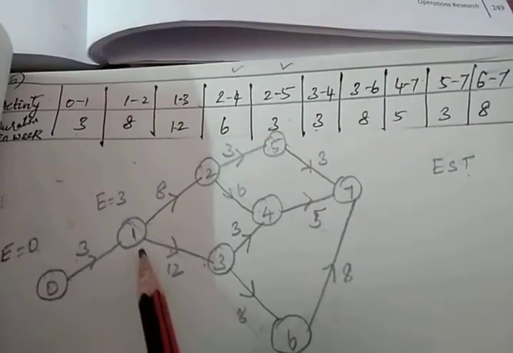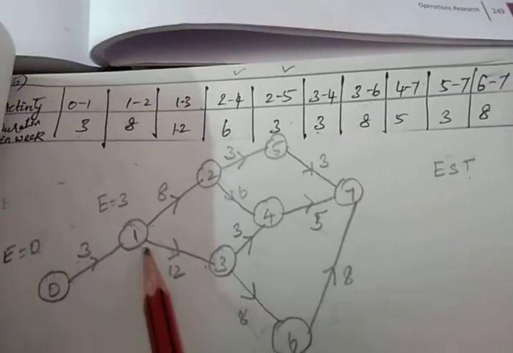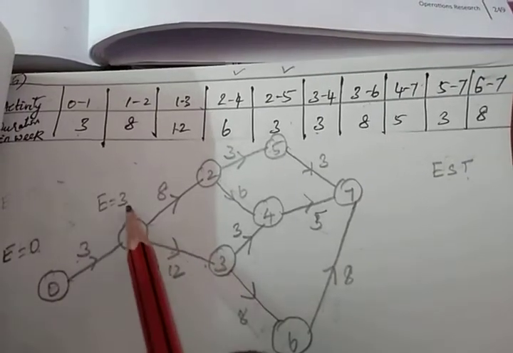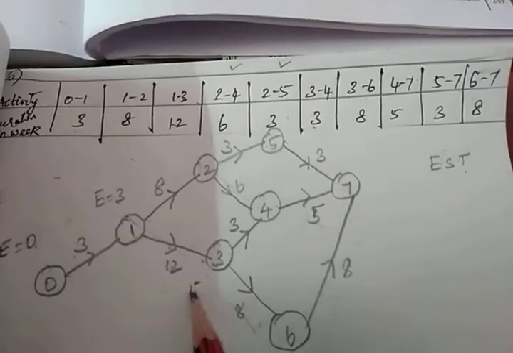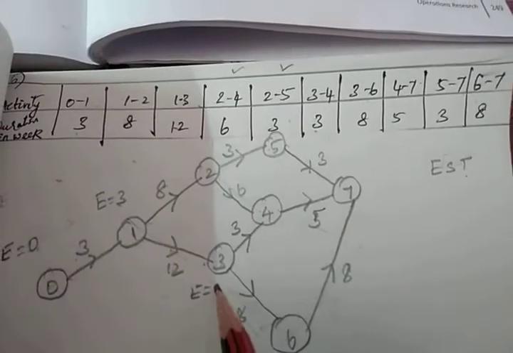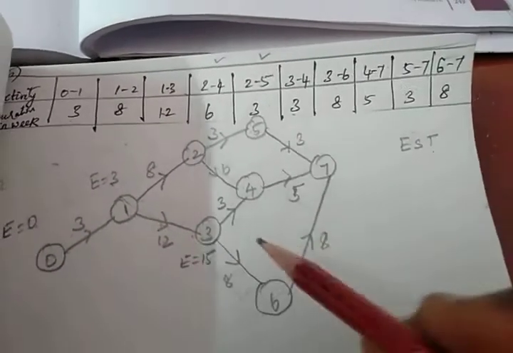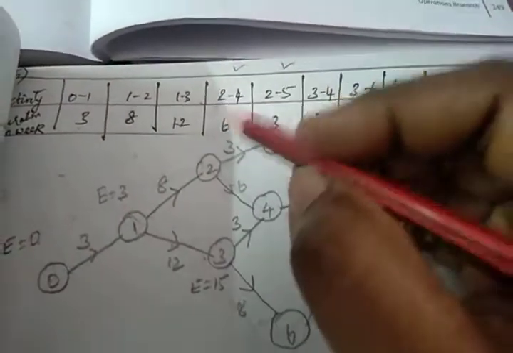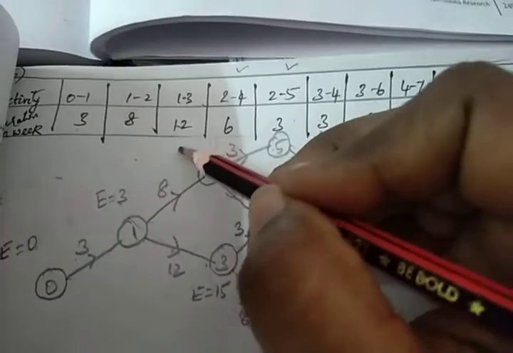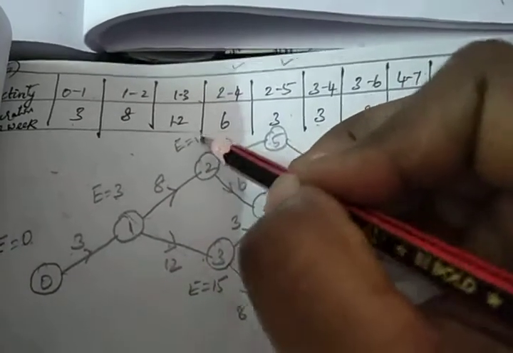Now for the 1 to 3 activity you have to add 3 plus 12. So 3 plus 12 it will be 15. Next 1 to 2, 3 plus 8 it will be 11.